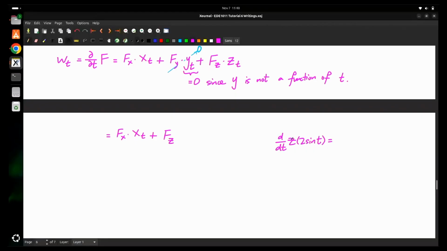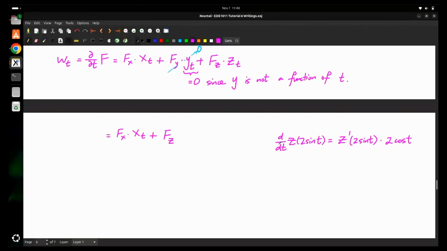But you can see that this is a function of T, so there's a composite function there. Which means you have to have Z prime, right? Correct or not? So what's Z prime? Z prime of 2 sine T times the chain rule, 2 cosine T. Is that right?